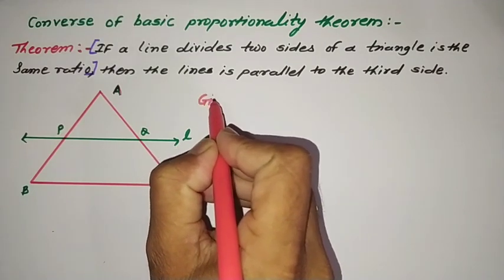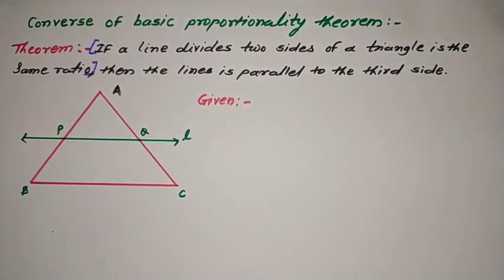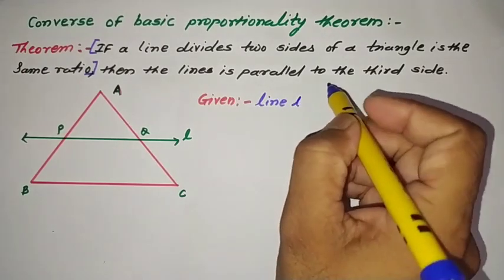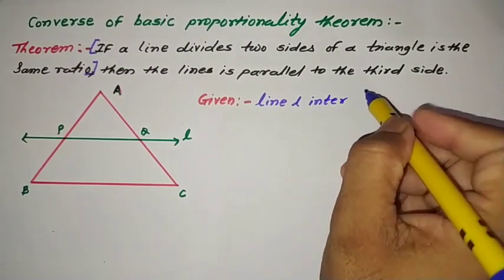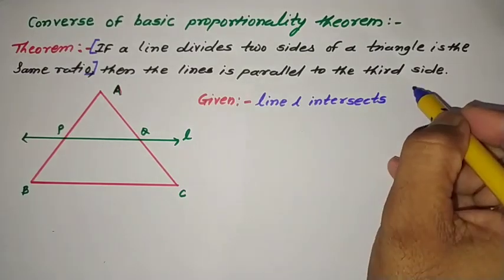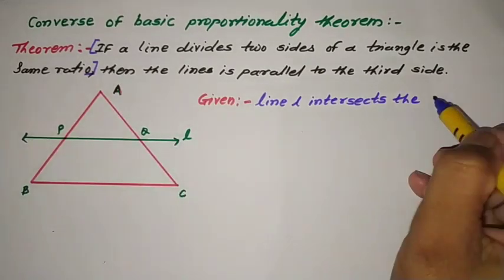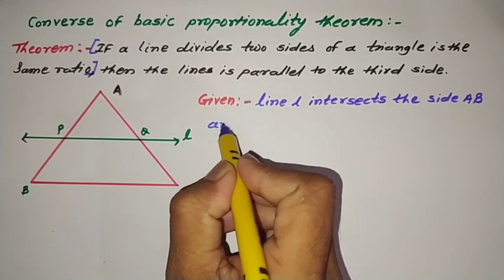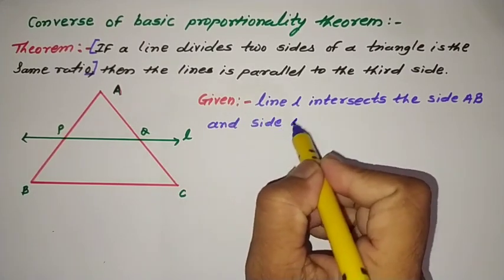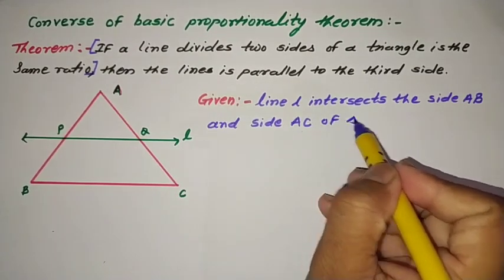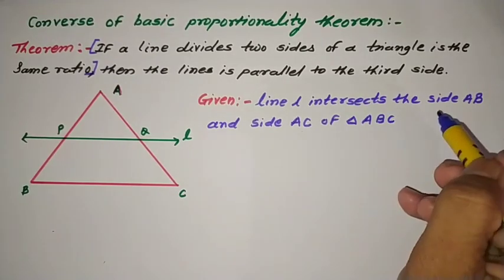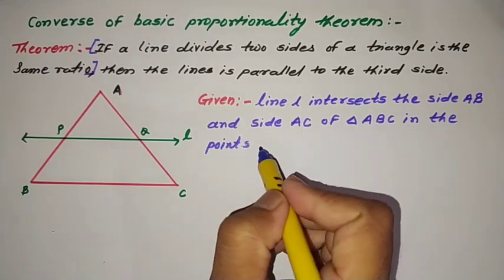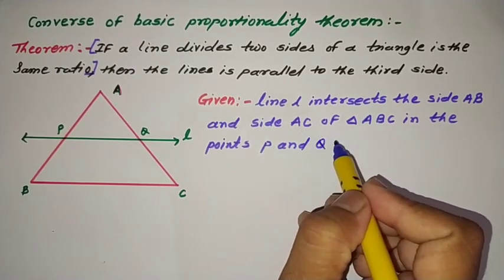Given: line L intersects the sides AB and AC of triangle ABC in the points P and Q respectively.